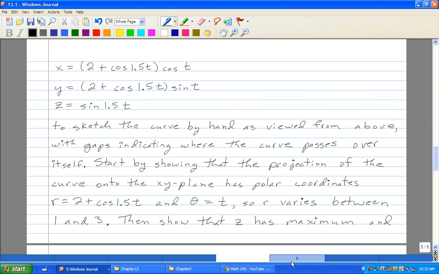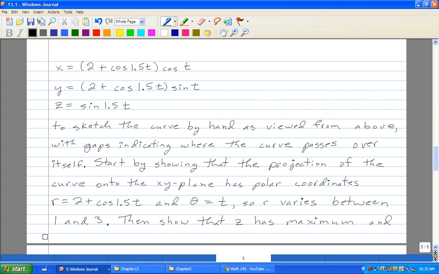Start by showing that the projection of the curve onto the xy plane has polar coordinates r equals 2 plus cosine 1.5t, theta equals t.